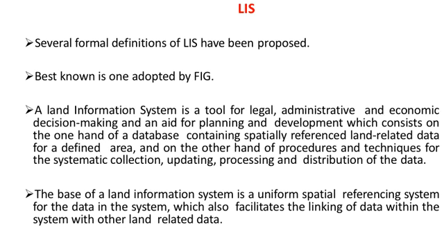The base of a land information system is a uniform spatial referencing system for the data in the system, which also facilitates the linking of data within the system with other land related data.